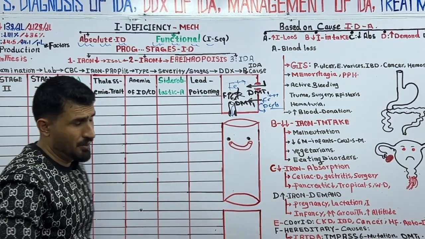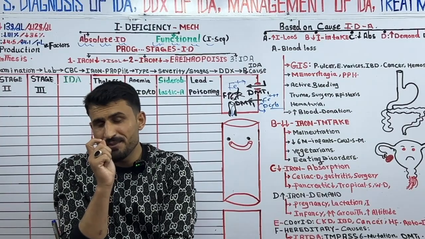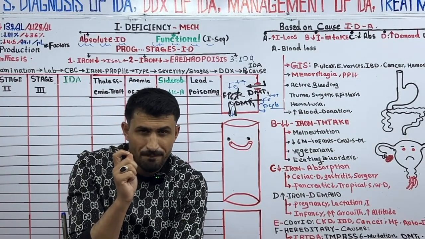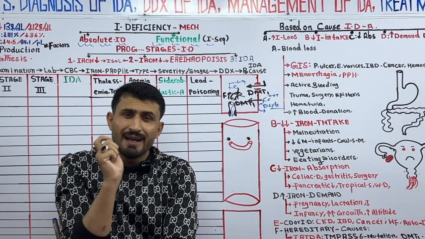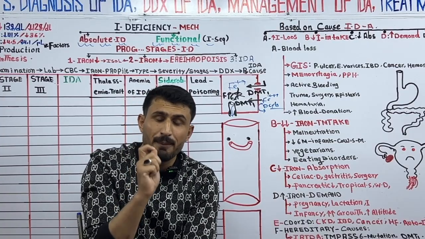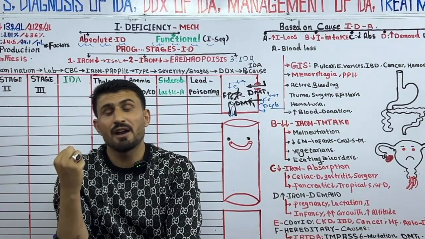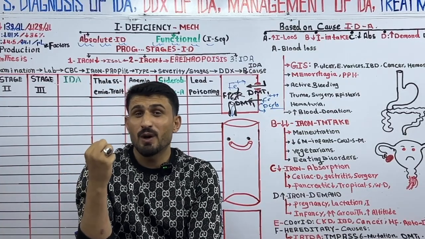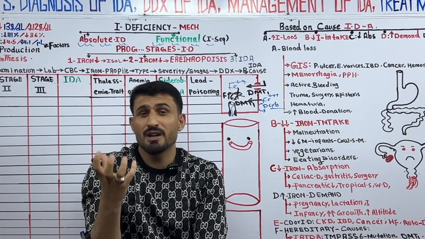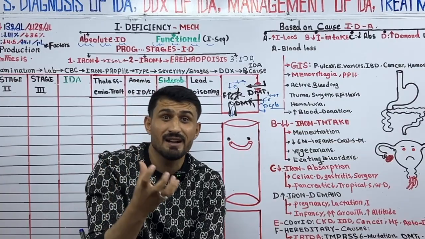And another problem, do you know that hepcidin inhibits macrophages, okay. So when macrophages are inhibited by hepcidin, we cannot recycle the iron from the macrophage, so we cannot use the storage form of iron which is inside the macrophage.